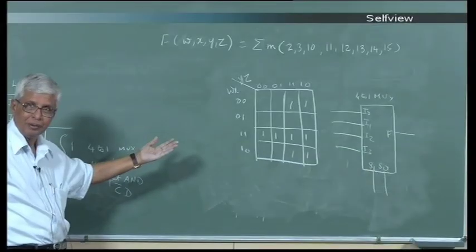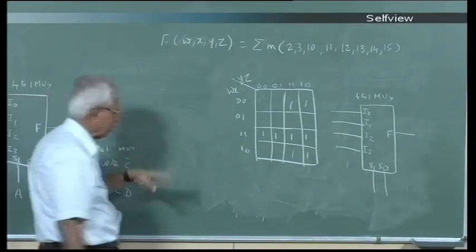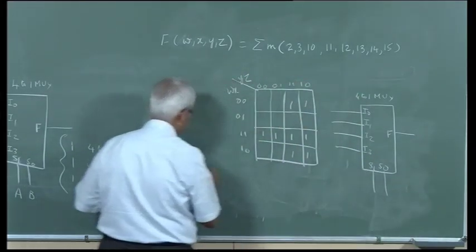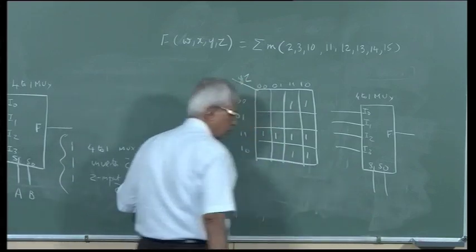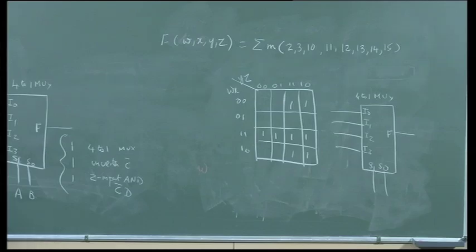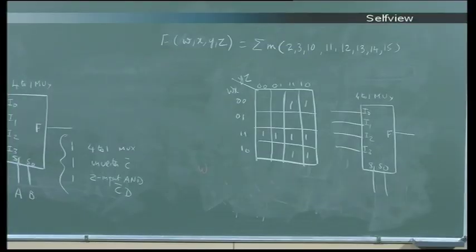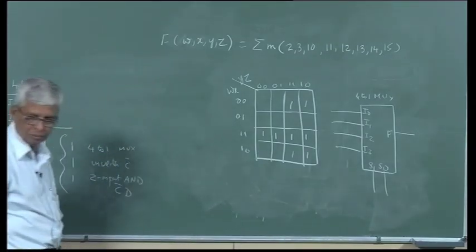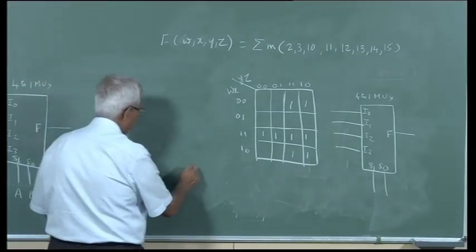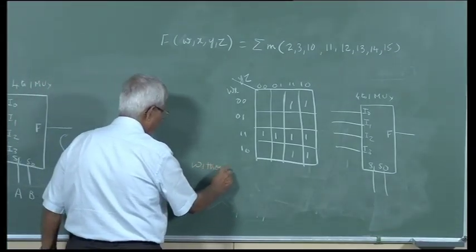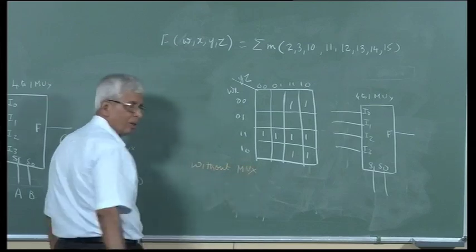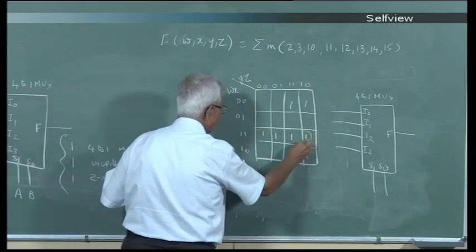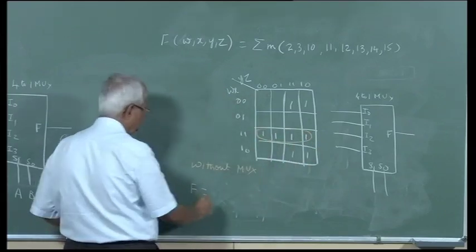This is also very simple, even as a function. Without multiplexer, F would be this one, which is Wx.